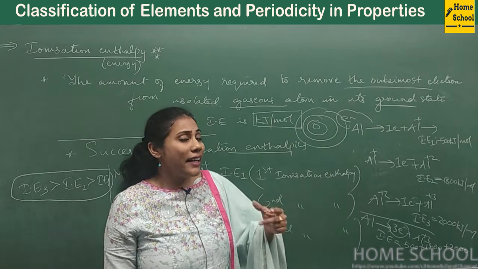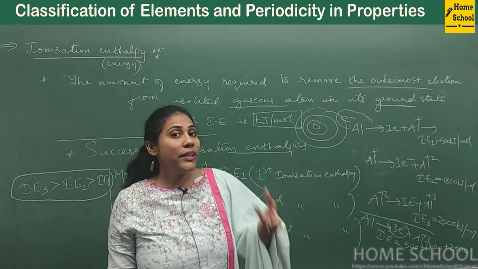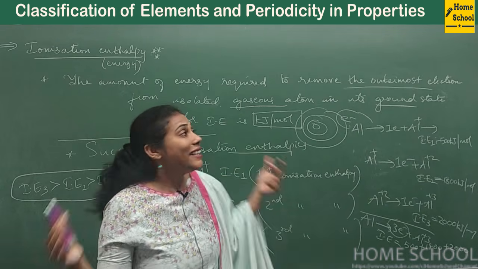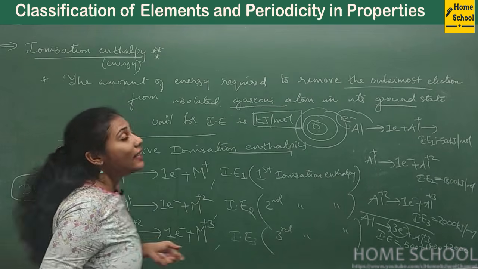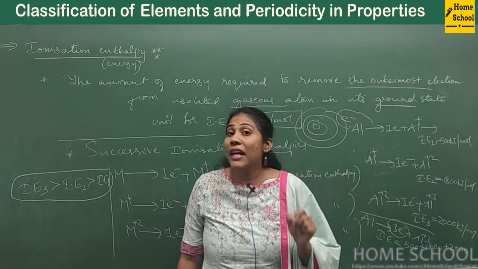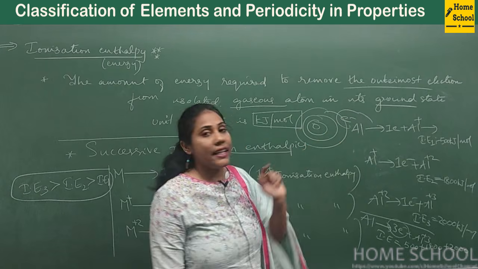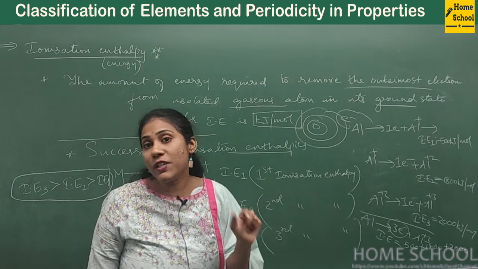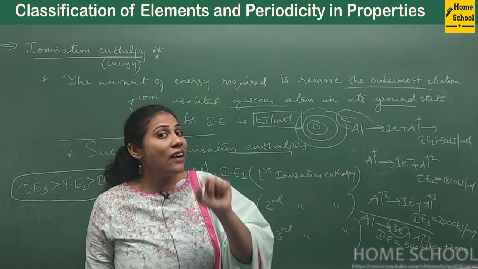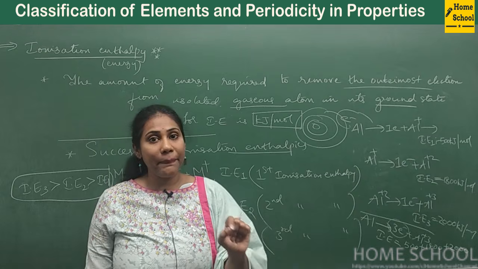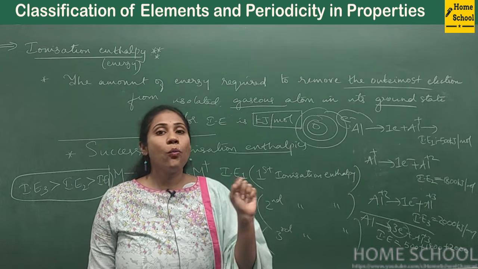But removing is not that easy, you need to spend some energy. That energy itself is what we mean by ionization enthalpy. Now let us discuss the factors affecting ionization enthalpy. There are various factors on which our ionization enthalpy depends. Let us discuss them one by one.